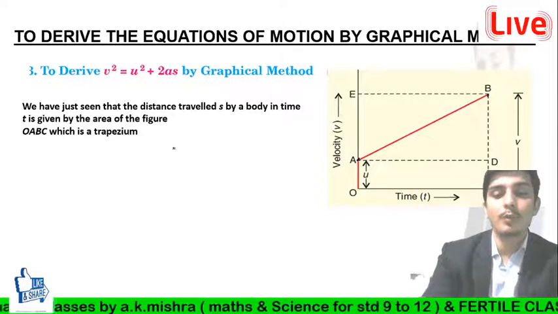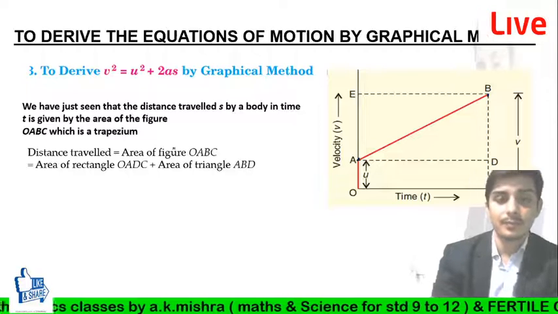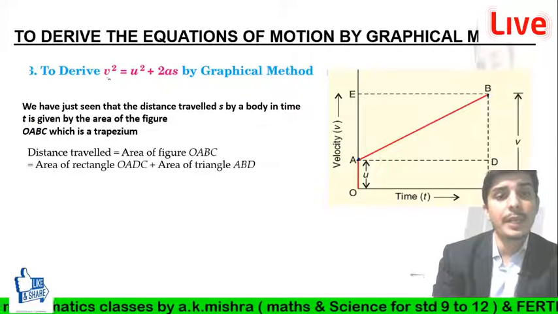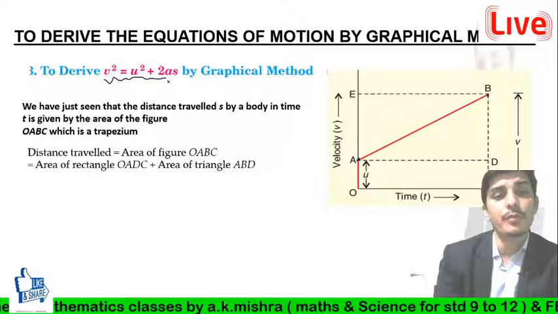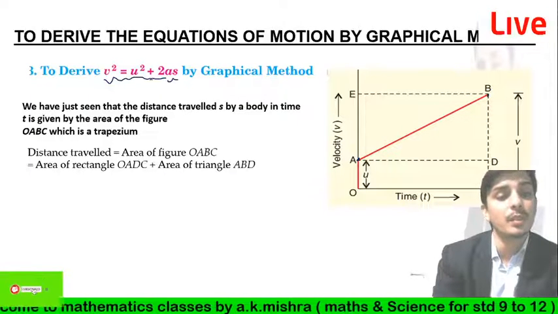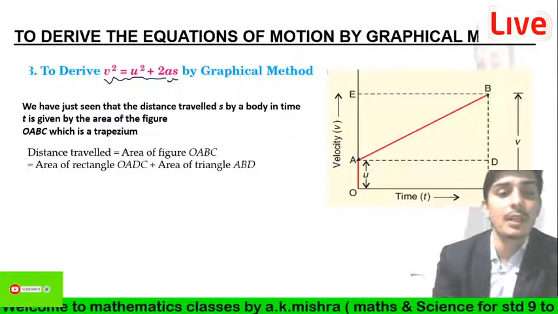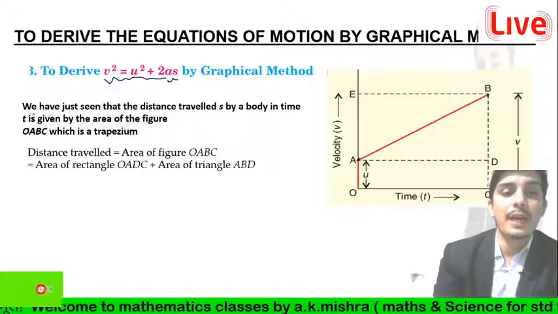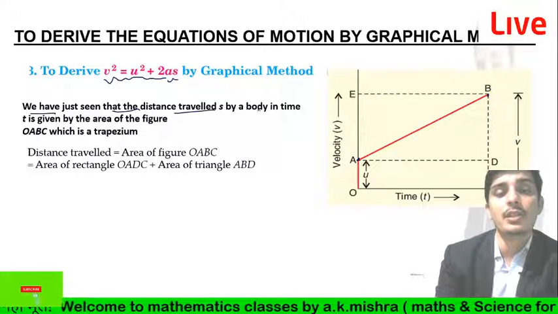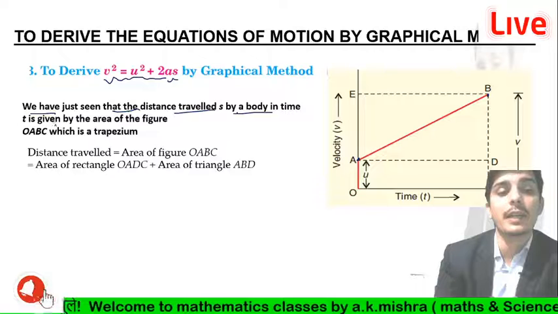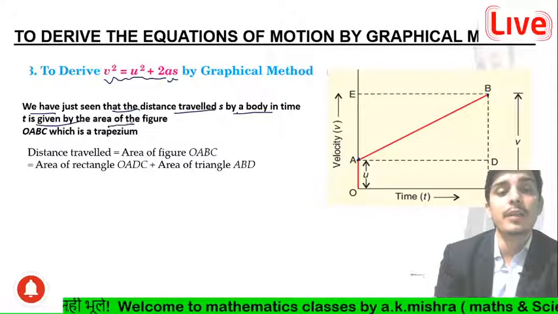We have to find v square equals u square plus 2as. We have just seen that the distance travelled by a body in time t is given by the area of the figure.